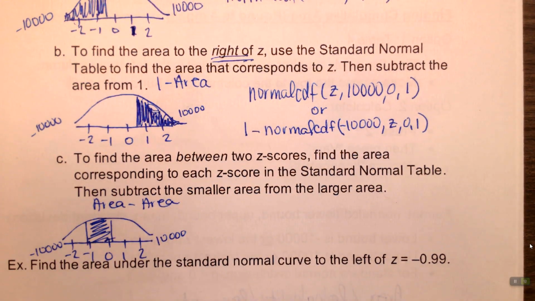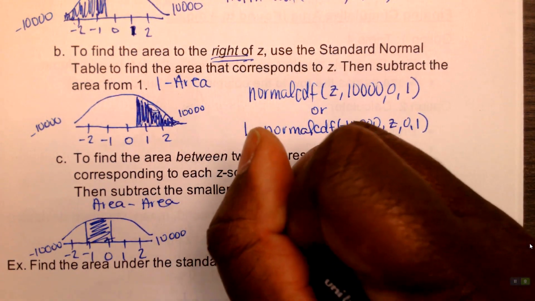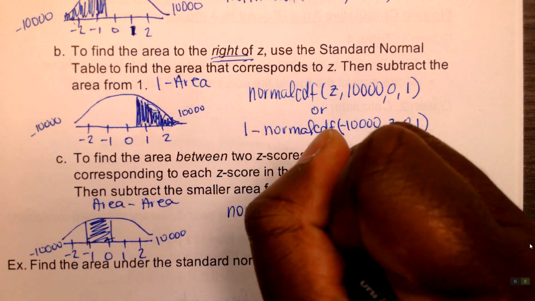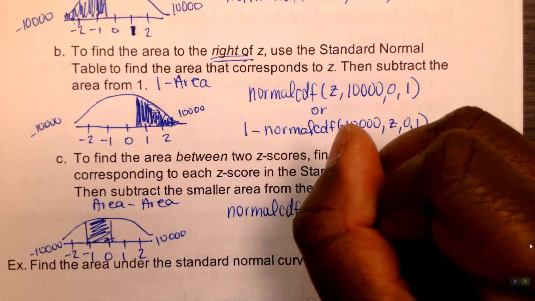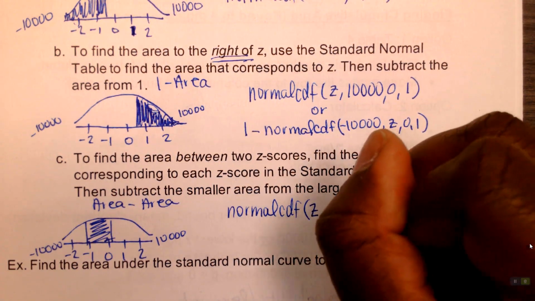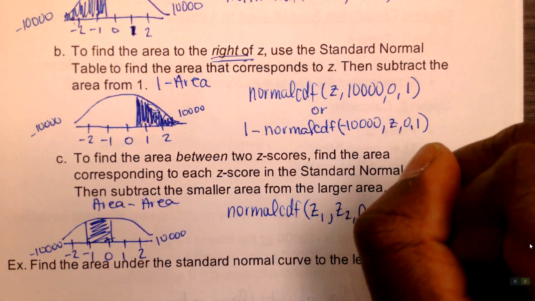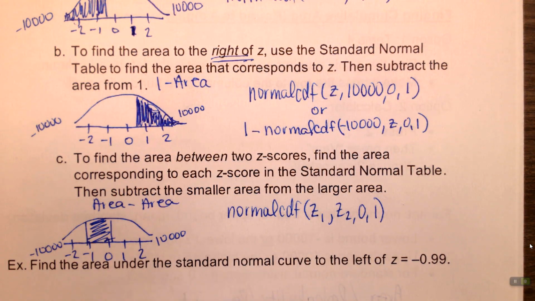Notice there's no shading on either, so you're not going to use either. You're not going to use positive 10,000 or negative 10,000. You're going to put those z-scores in when you put it in the calculator. The lowest z-score, the highest z-score, is 0, 1. So you're not going to have a 10,000.